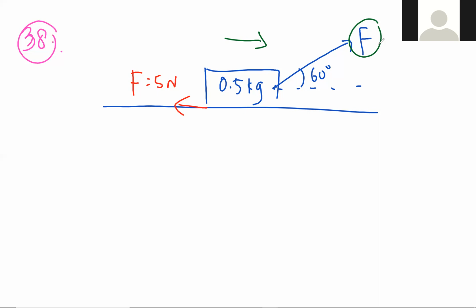One is slanted, one is horizontal. So you take F cos 60, then it becomes the horizontal force. The magnitude is of course less than the F here, because it is only a portion of it.